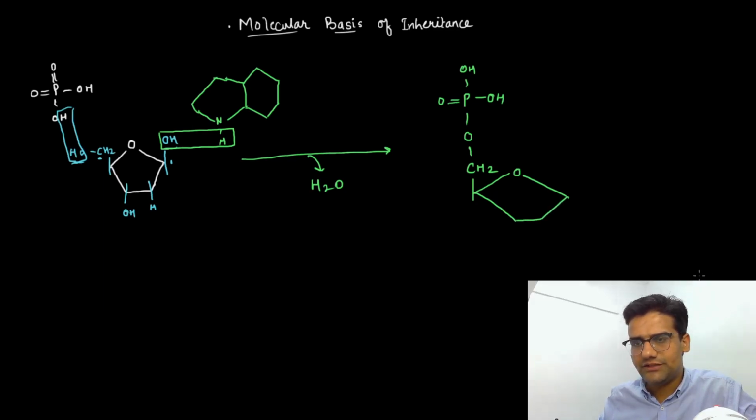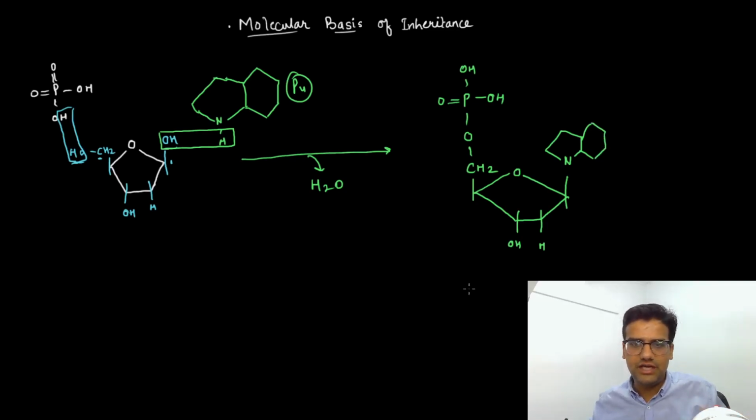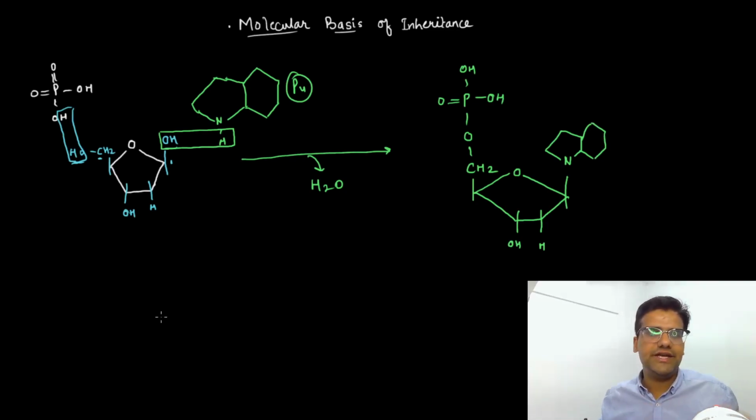And on the first carbon there is again the nitrogenous base. In this case we assume this nitrogenous base to be purine. I am just drawing the basic skeleton structure of the purine, not completely drawing it. So basically this is the resultant product of this reaction.